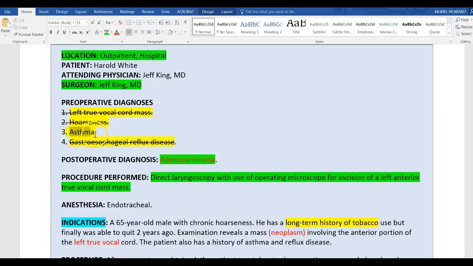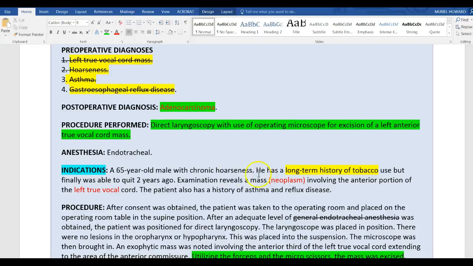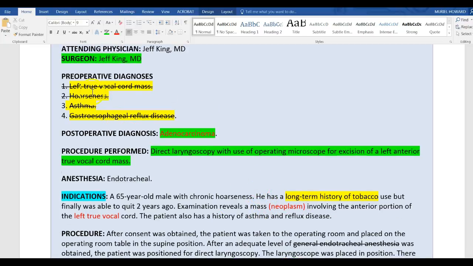Asthma. Now, this is a chronic condition, but this also does not need to be coded today. So I'm going to cross this off. The reason that asthma is not going to need to be coded today is because it has nothing to do with the services that were rendered today. So the only reason that he did the laryngoscopy, and you can see it in the indications, is because of all of these problems related to the vocal cords and hoarseness.